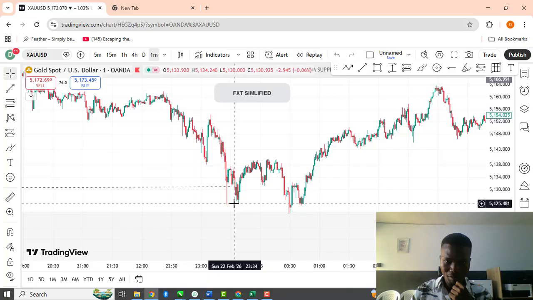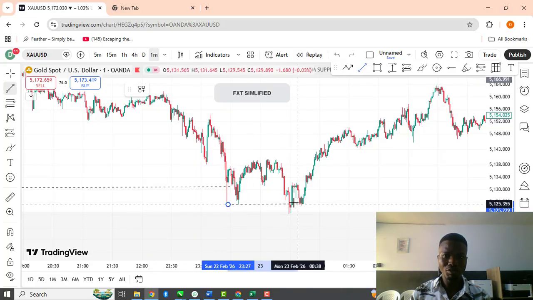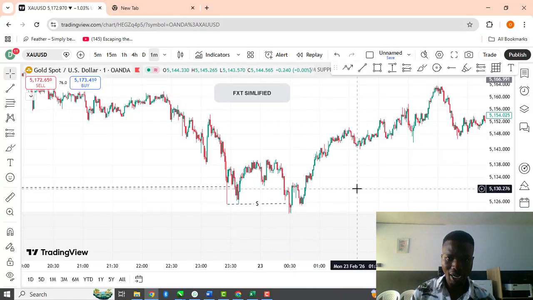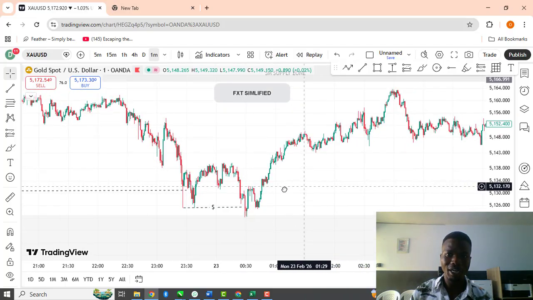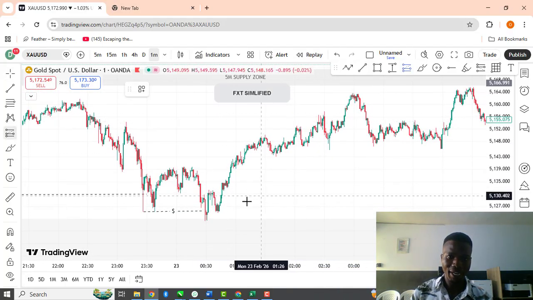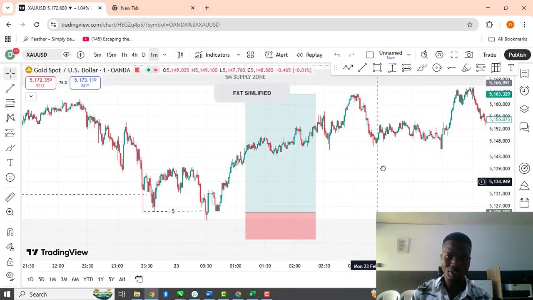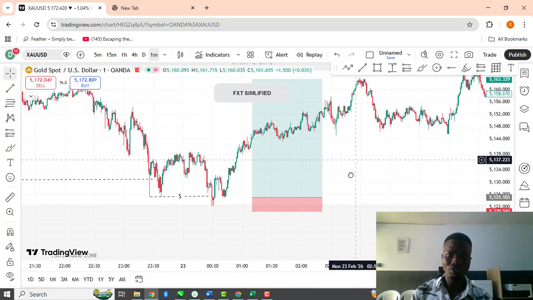After price retraces all the way up here, price eventually broke this liquidity again before the major move started. So this is another liquidity zone, and this is the time at which we can take our buy trade as well. This is more like a sniper entry to enter this trade.